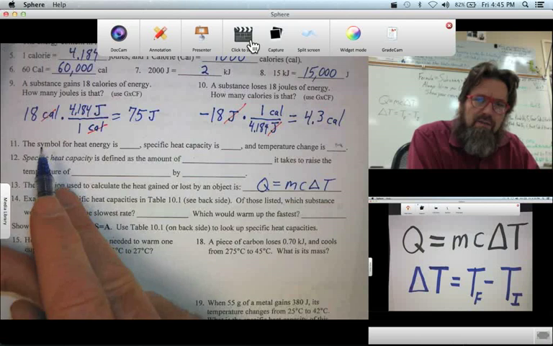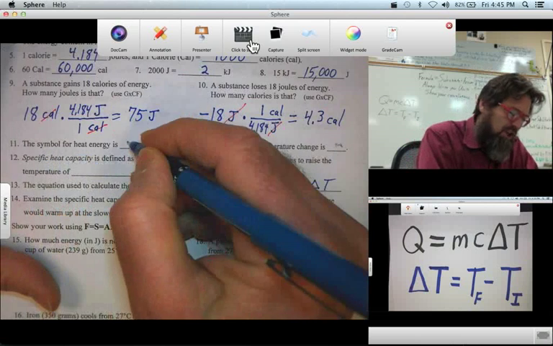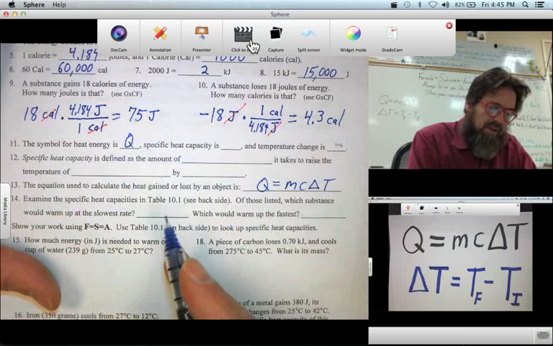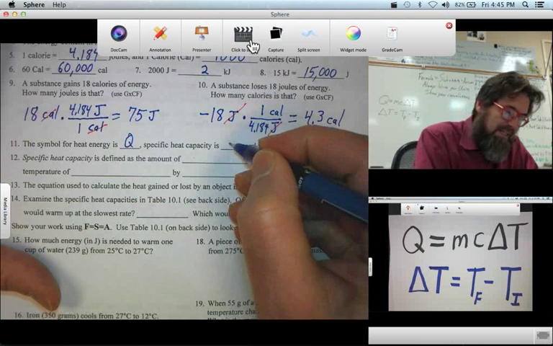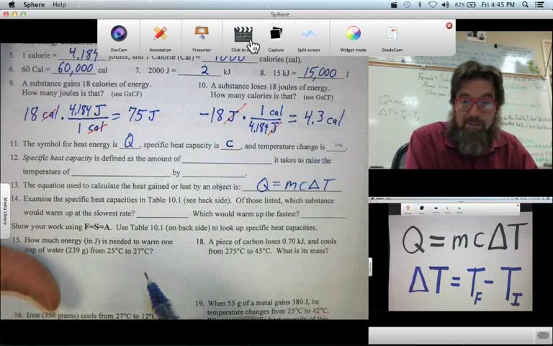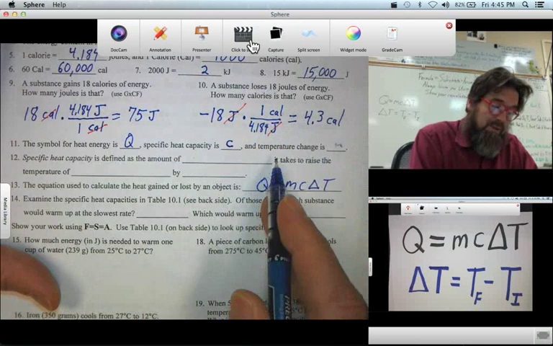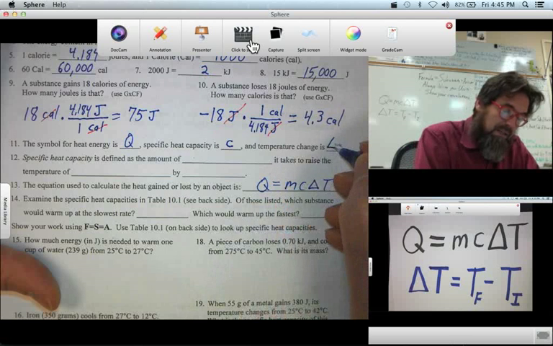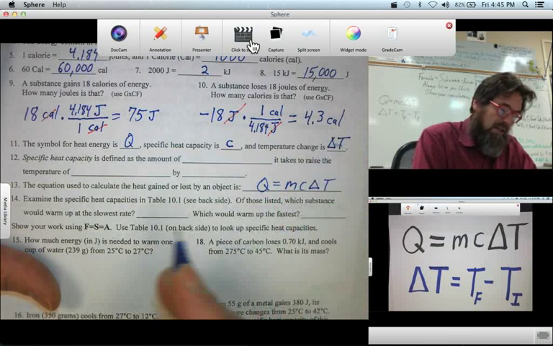Question 11. The symbol for heat energy is Q. Specific heat capacity is C, except in our textbook it's S. Temperature change is delta T, change in temperature.